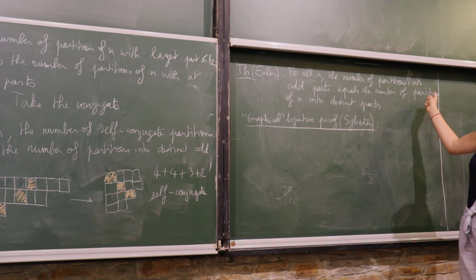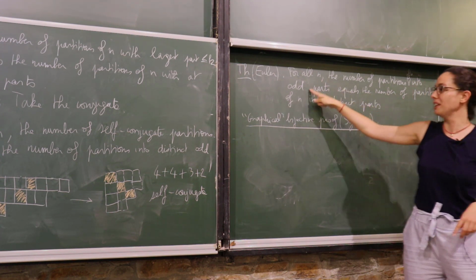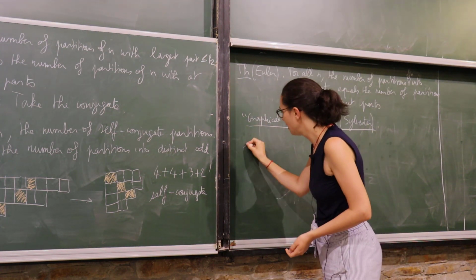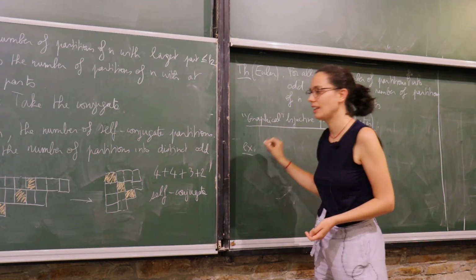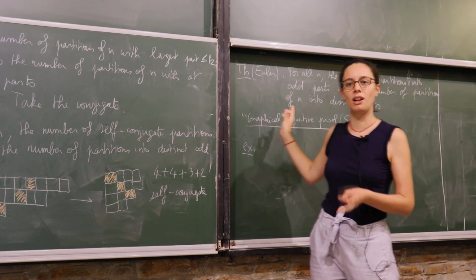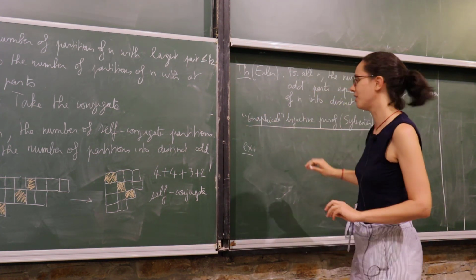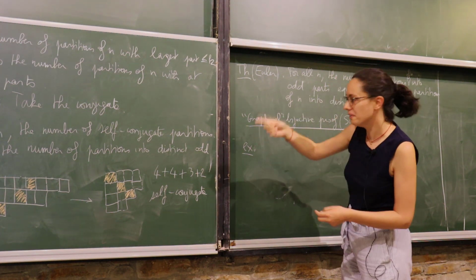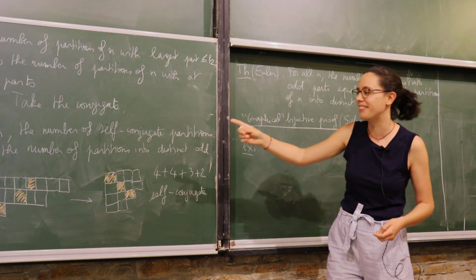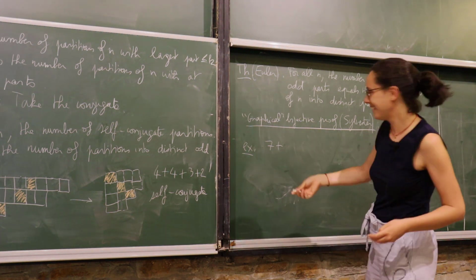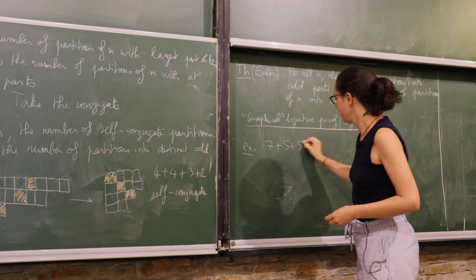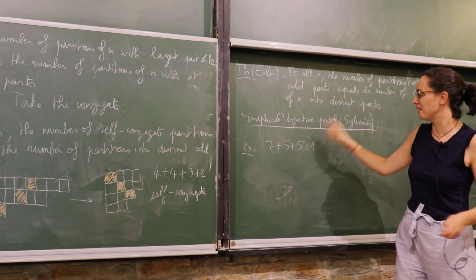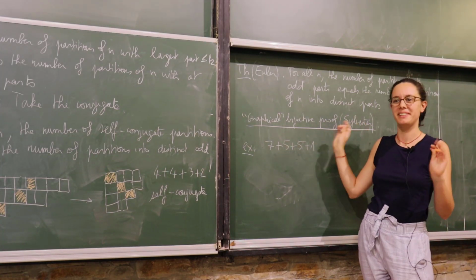Because we are also considering partitions into odd parts. So we'll now take a partition into odd parts. But now the parts are allowed to repeat. It's not like here. I'm going to take an example inspired from that, more or less the same, but the 5 repeats.